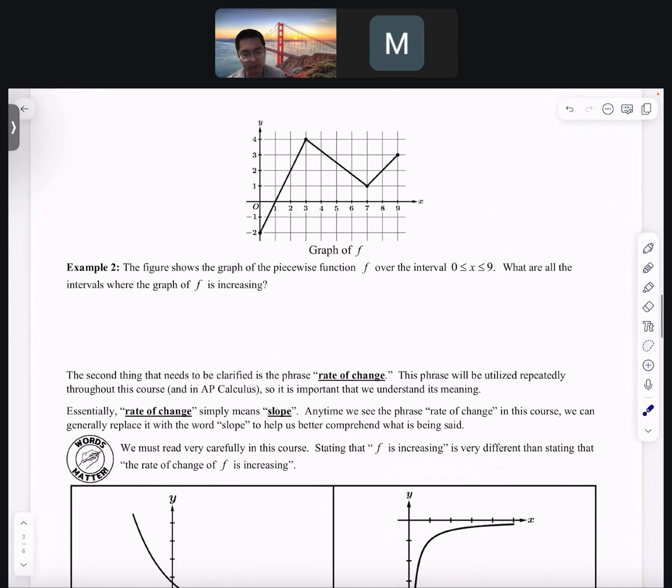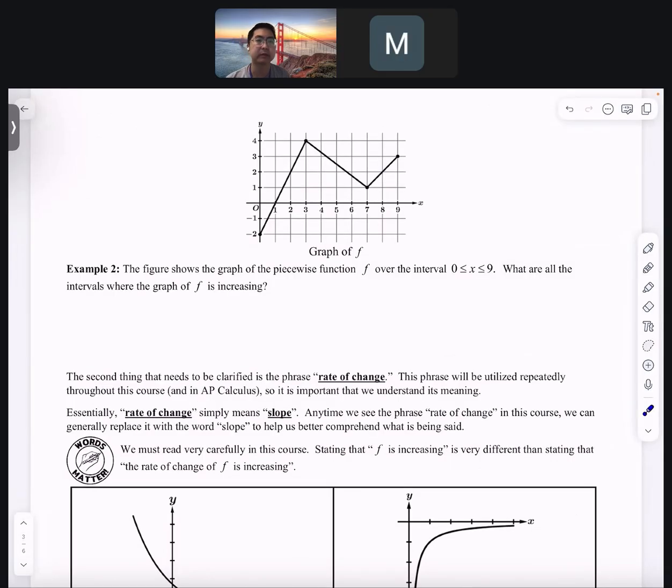So here are a couple problems to help you practice what you learn and then put it to the test. The figure above shows the piecewise function over the interval from 0 to 9 closed.